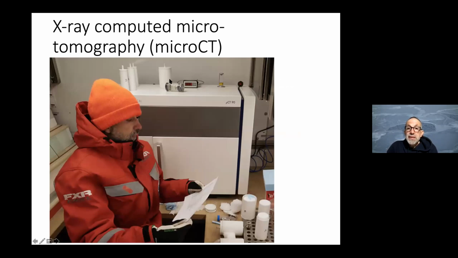Now here in the back is the X-ray micro-computed tomograph. It is a box, and we can put in this box samples such as shown here. Then the X-rays and the detector measure a three-dimensional image.